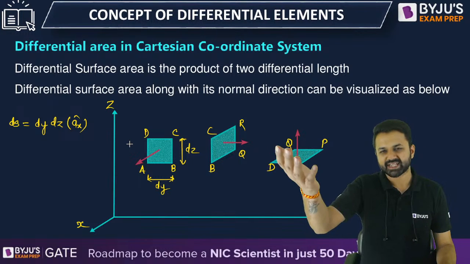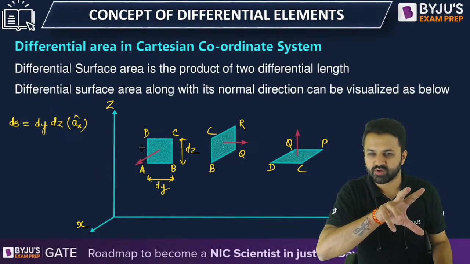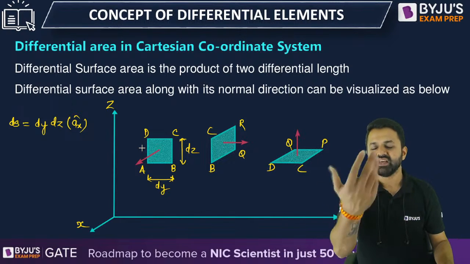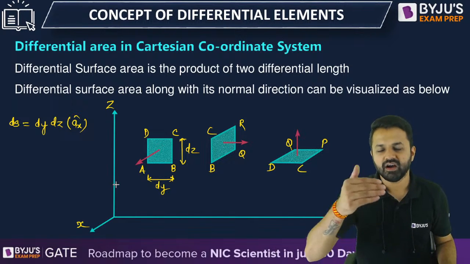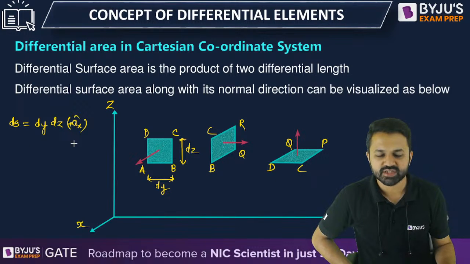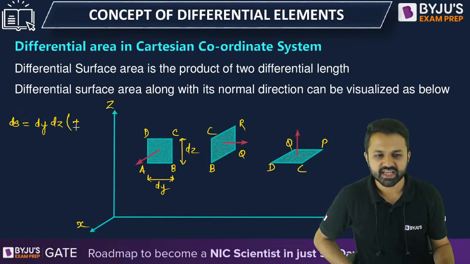If you take the back surface of the differential volume, the object that we have taken, then it will be in the negative direction. So it can be positive also, it can be negative also. So if you write the differential surface, in general, it can be positive and it can be negative.